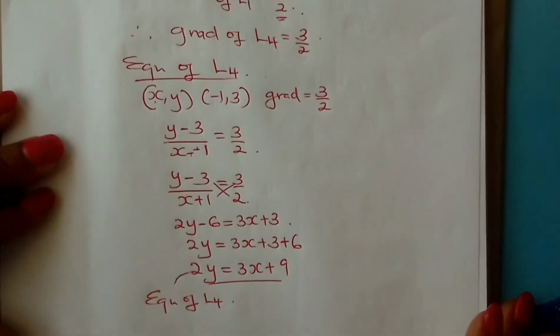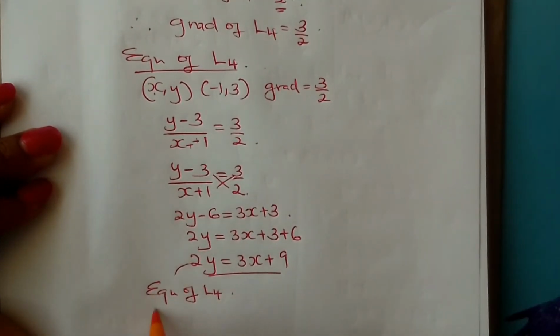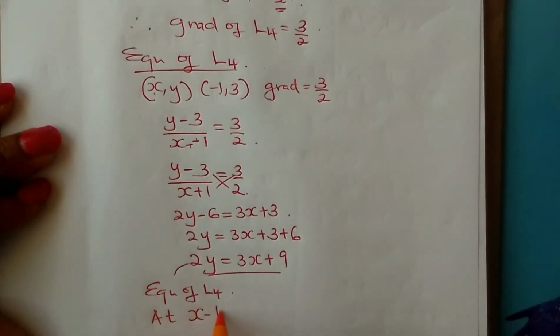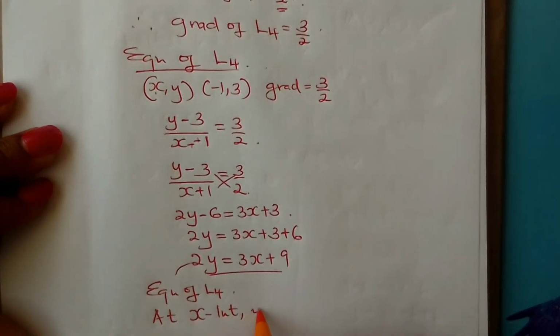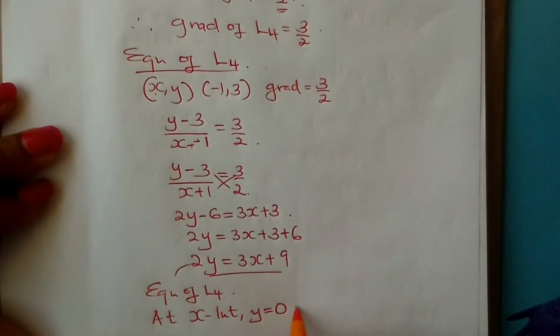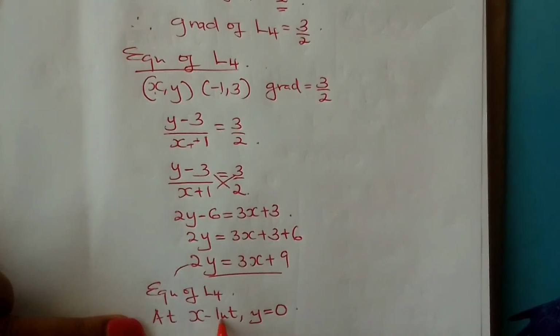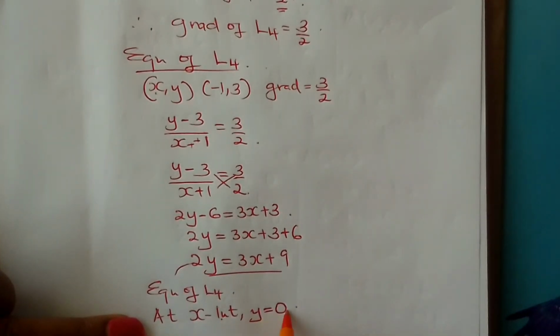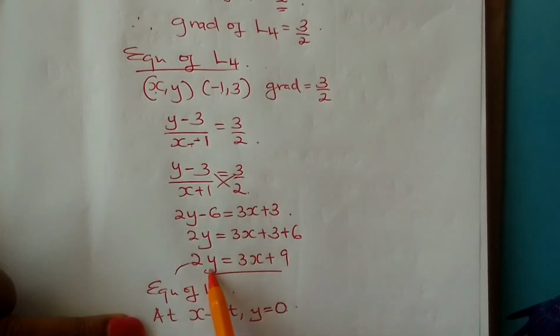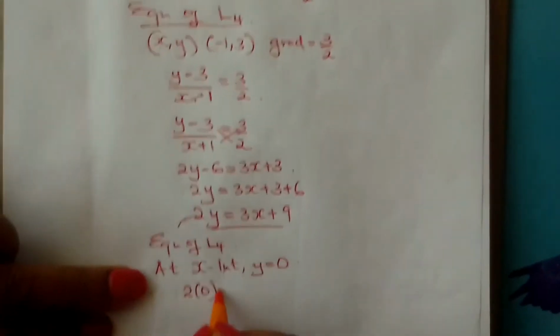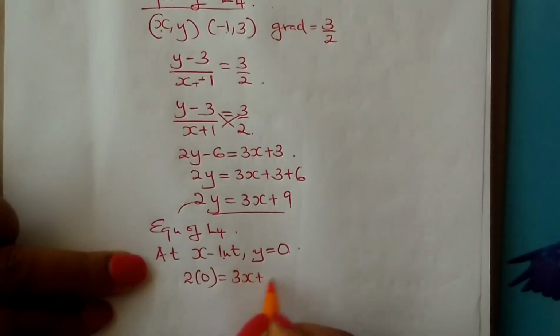So to find the intercepts, learner, you talk of the x-intercept. We know that at the x-intercept, the value of y is equal to 0. So in the equation of L4, where you have y, you put 0. So this becomes 2 times 0 is equal to 3x plus 9.